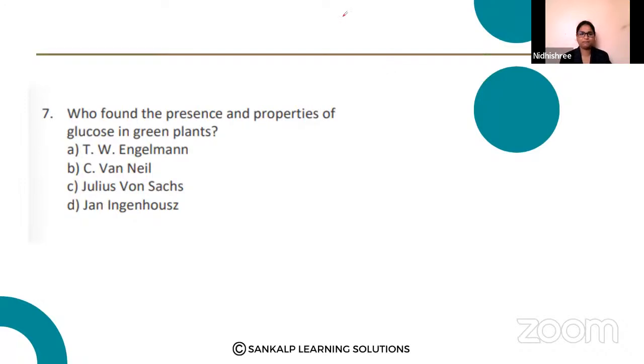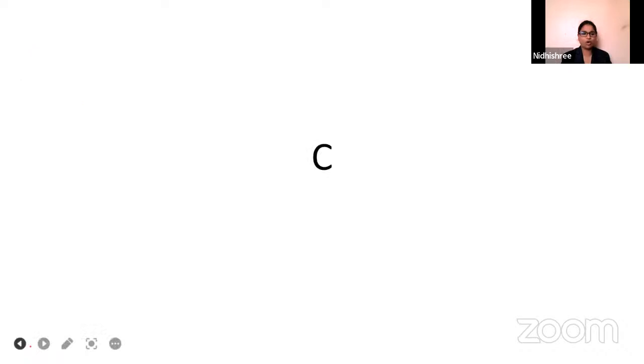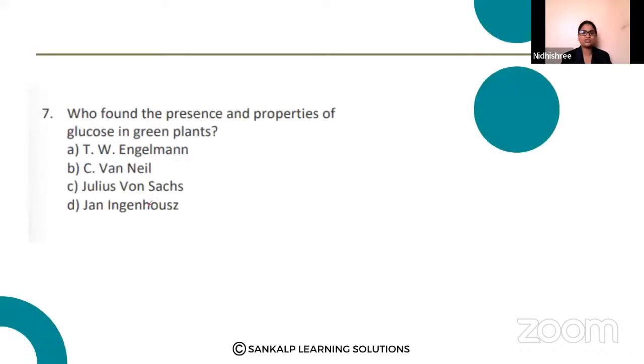Rakshita, option C. Dhamini, option C. Praveen, option C. Afroz, option D. Amruta, Kavita, Kanchanaraj, Sinchana, Pavitra, Gayatri and Kumar voted for option C. Let us check the answer. Option C, Julius von Sachs, is the right answer.